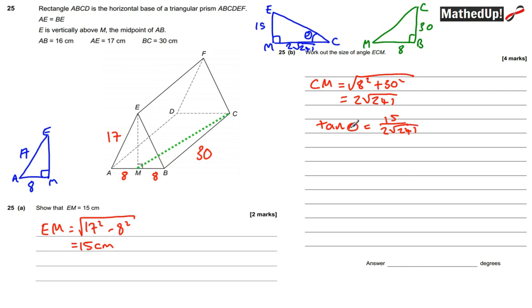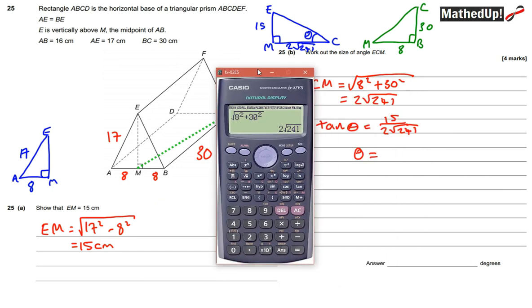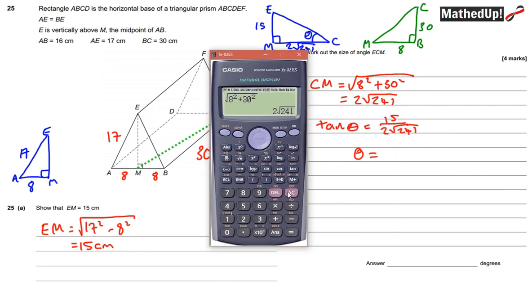Okay, so I can work out theta by doing the inverse tan of this here. So using my calculator, we want to do the inverse tan of 15 divided by, and it's the answer that's already in my calculator.